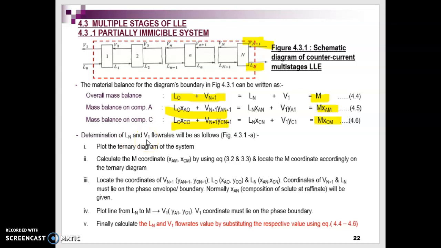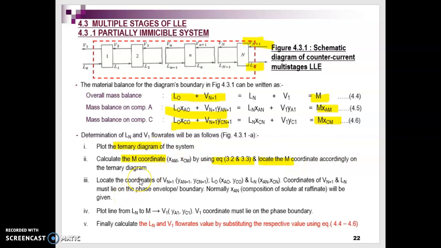So next, in order to determine the value for Ln and V1, including the flow rates and also coordinate, we need to follow some steps. The first thing is you need to have the ternary diagram for the system. Next, you calculate the M coordinate using the mass balance equations 3.2 and 3.3, and then you locate your M coordinate on your graph diagram.